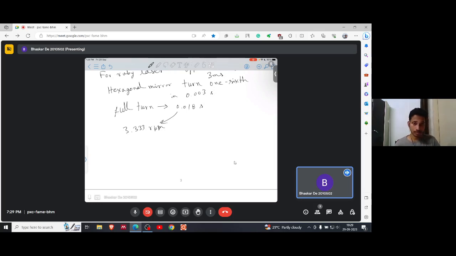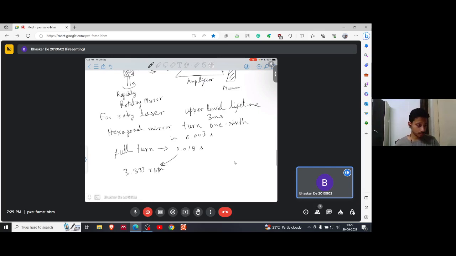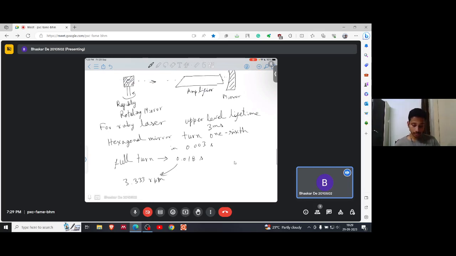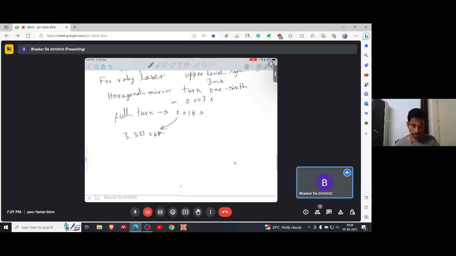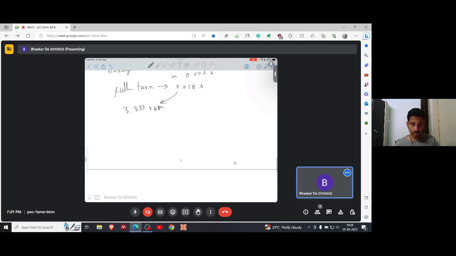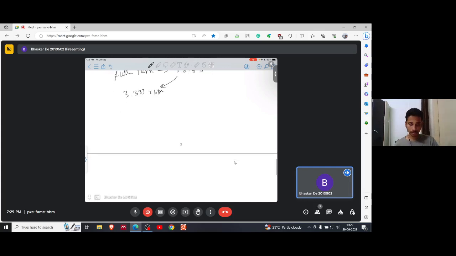And another problem is that the alignment of the mirror should be ideal with the shaft, and that is also a little bit problematic, because if there is a problem with the surface of the mirror, then even if the rotation is perfect or we can control the rotation, our main point of having a Q switched laser will not be possible.